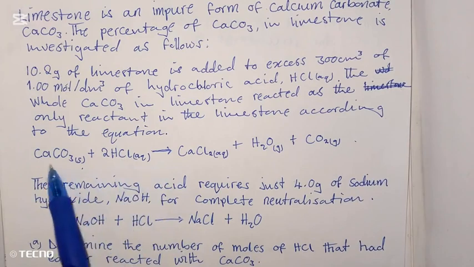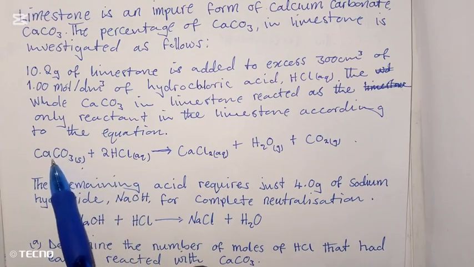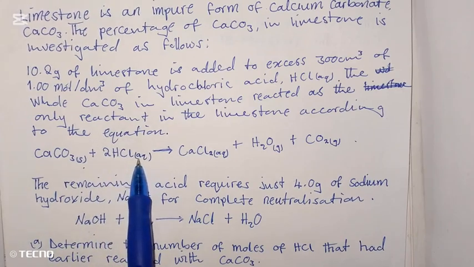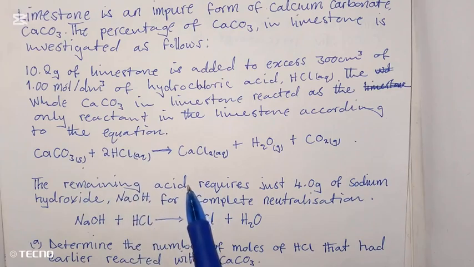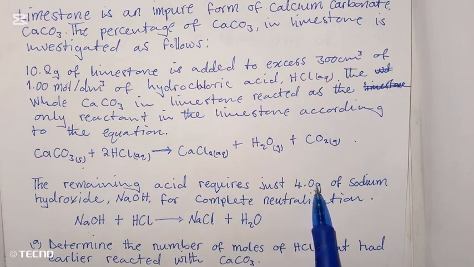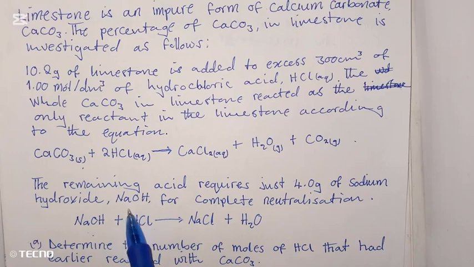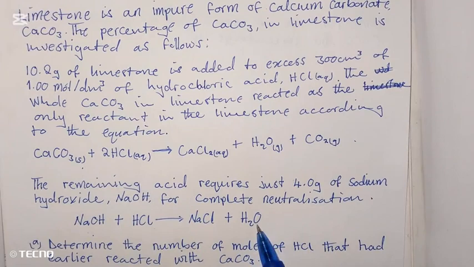So in this equation, what we want is the number of moles that was earlier reacted with this calcium carbonate, and the number of moles are for hydrochloric acid, because here again we are told that the remaining acid requires just 4.0 gram of sodium hydroxide for complete neutralization. Here we have been given this equation.